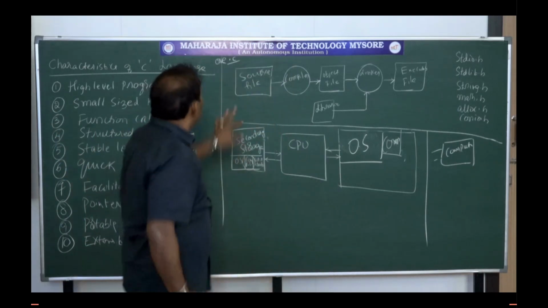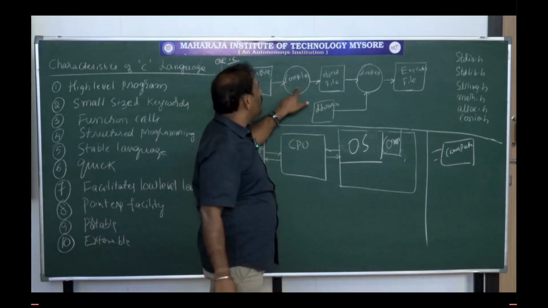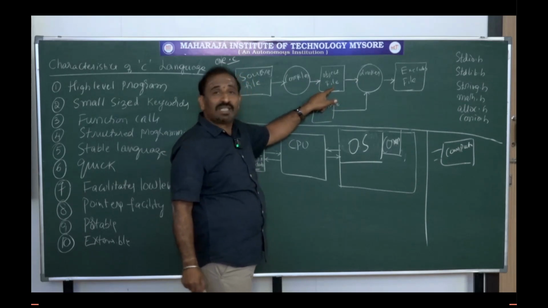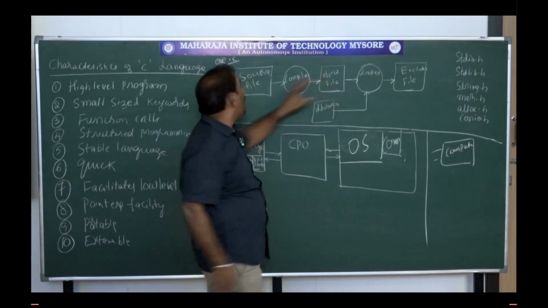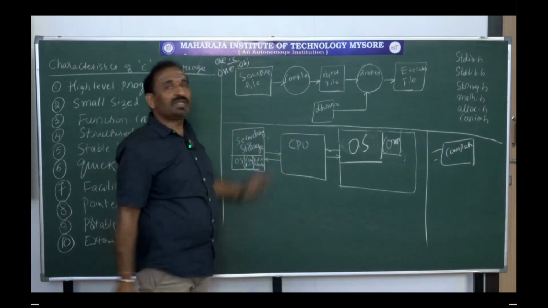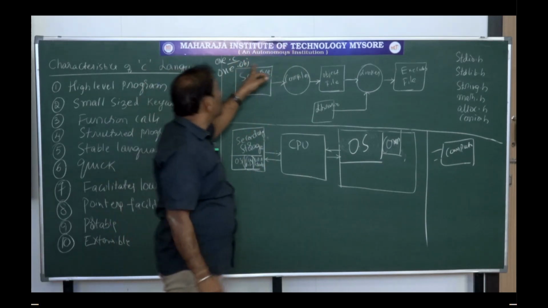Now, the source file, whatever program you have typed, is passed on to the compiler, and an object file is generated. This is called a .obj file. Now, we have here 1.obj. Some compilers generate 1.o like that, 1.obj.